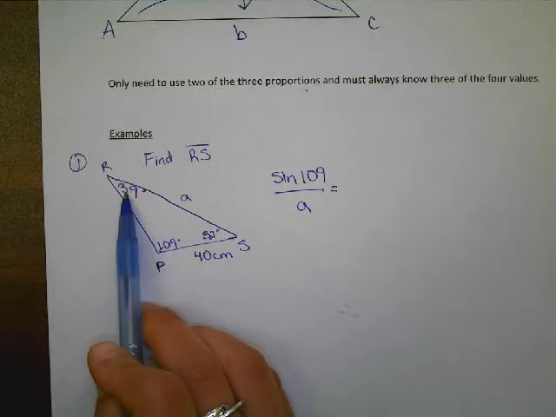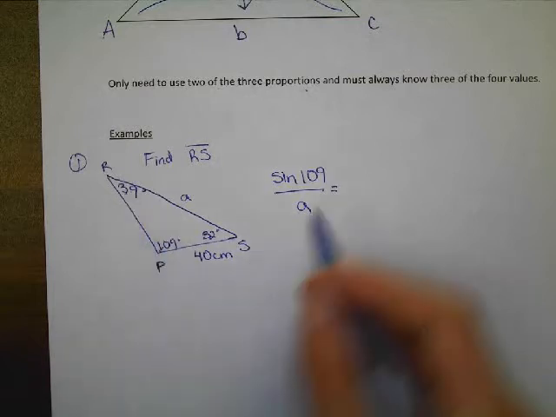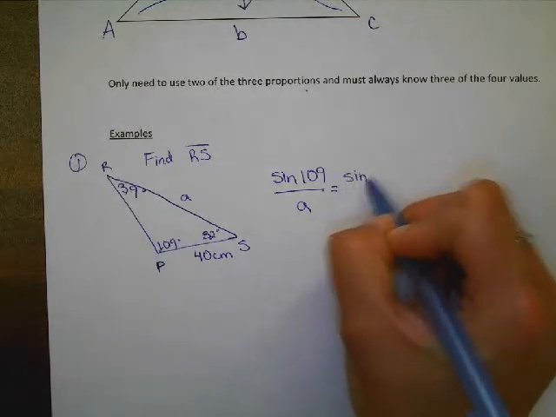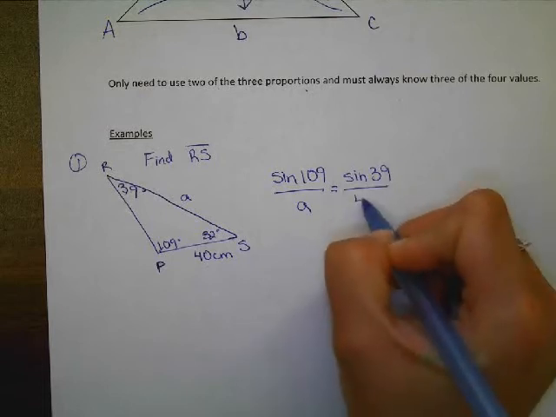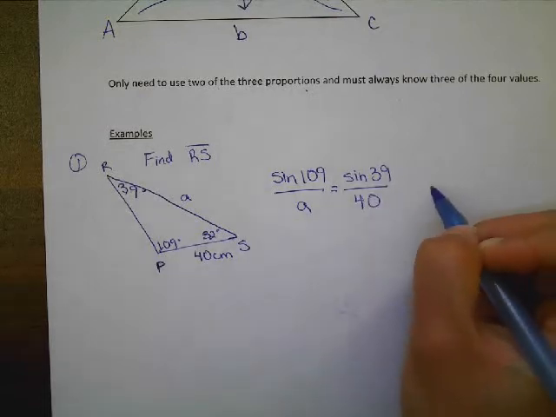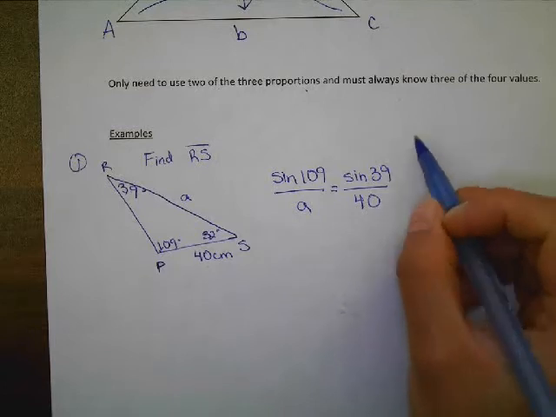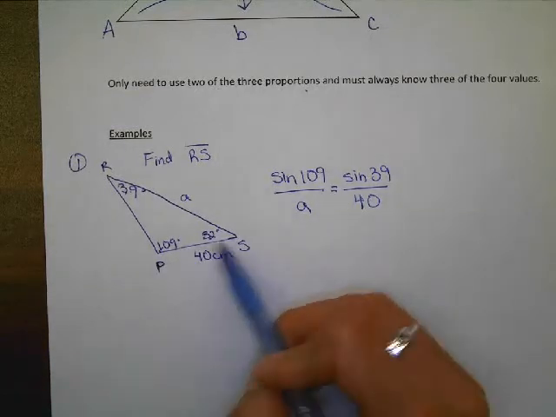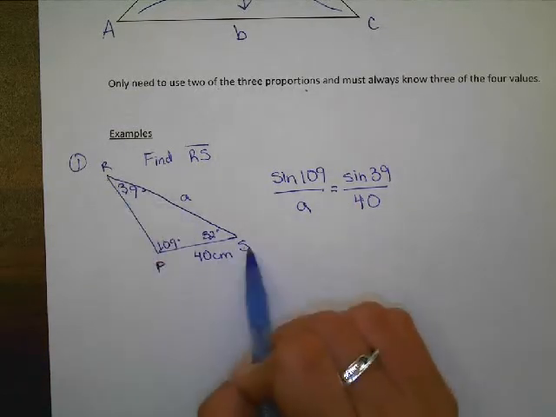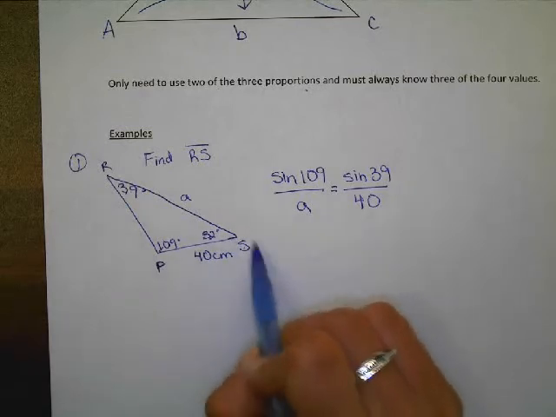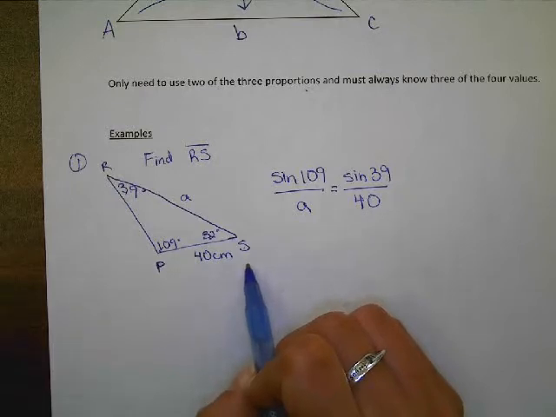But we do know 39 degrees, and we know the opposite side is 40 centimeters. So I can have the sine of 39 degrees over 40. And again, we don't set up that third one, but if I labeled this A, B, and C, you'll notice we didn't use this middle angle at all. So again, the reason we have 3 is so that we can pick which one we need.